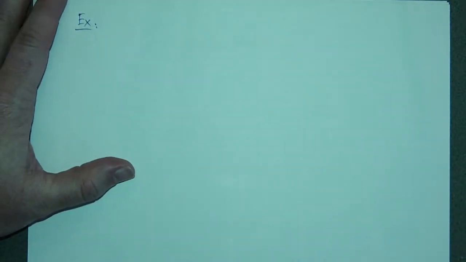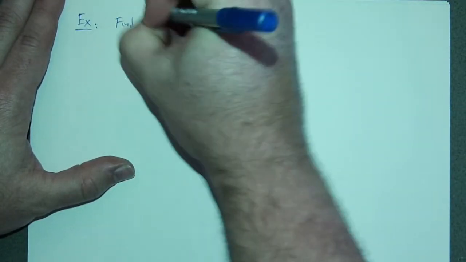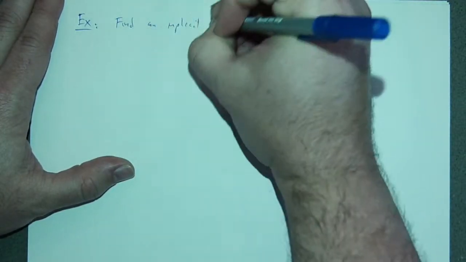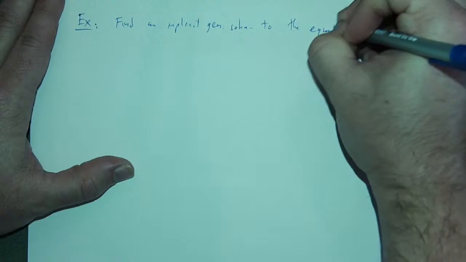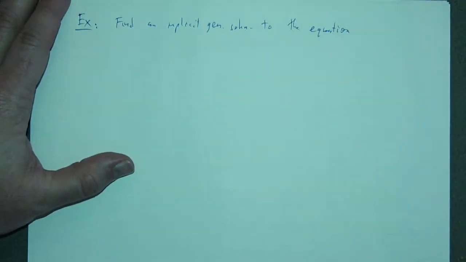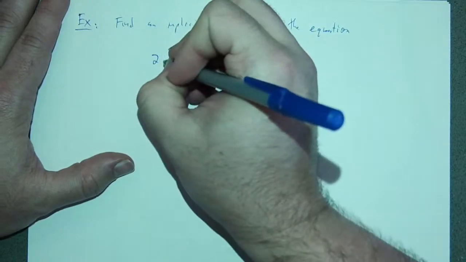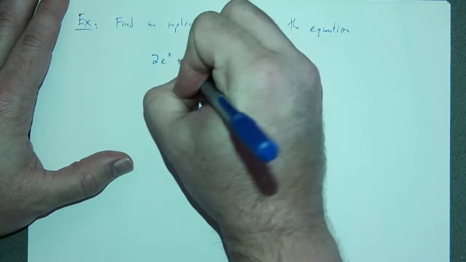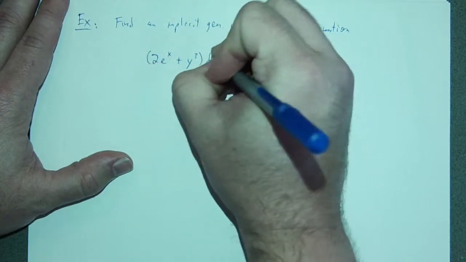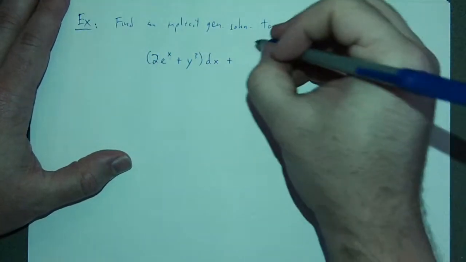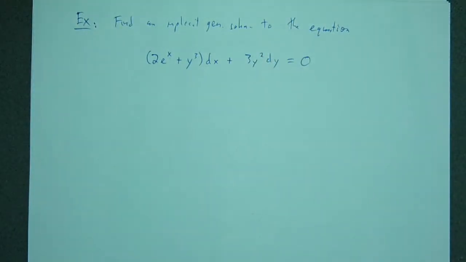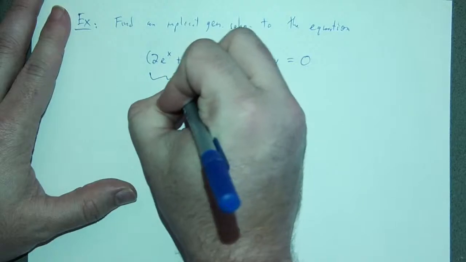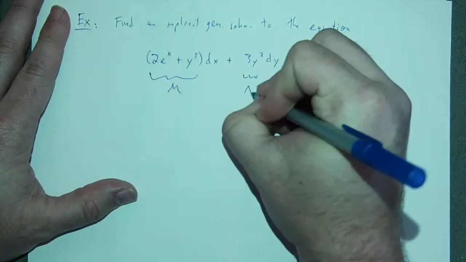Find an implicit general solution to the equation 2e to the x plus y cubed dx plus 3y squared dy is equal to 0. Here is my M, here is my N.